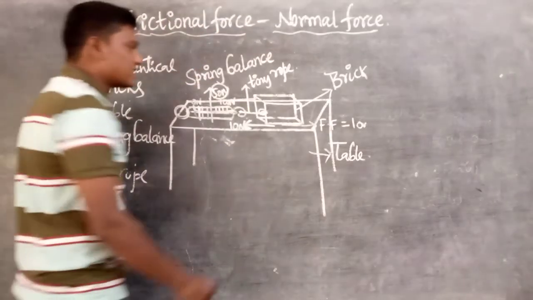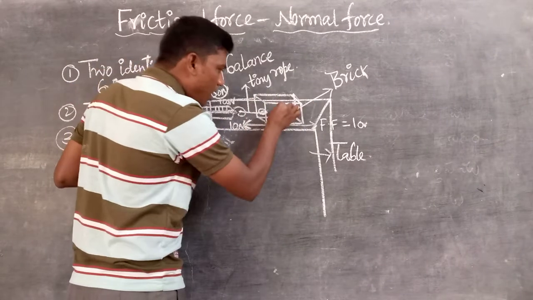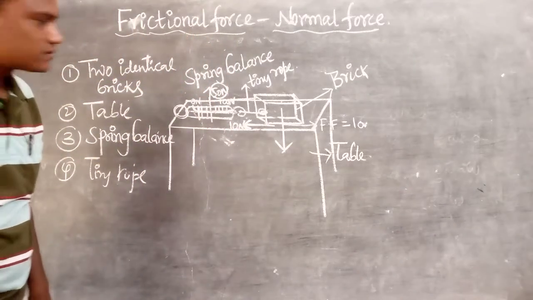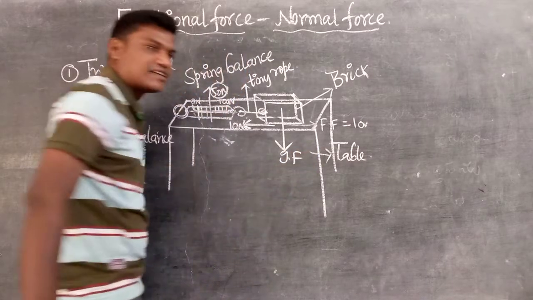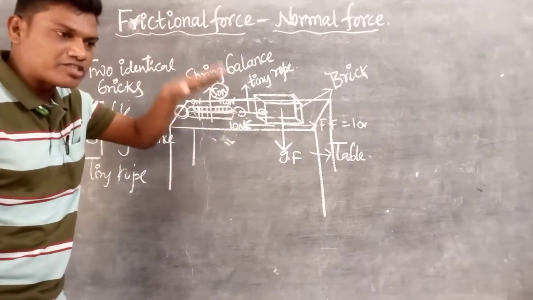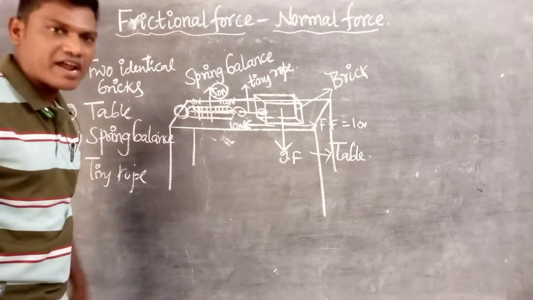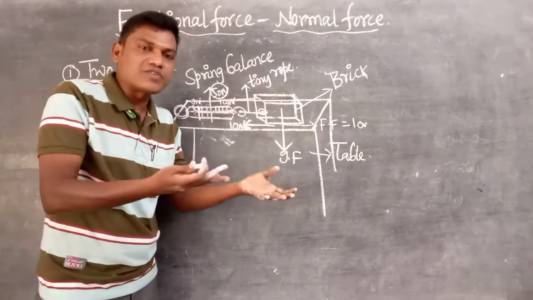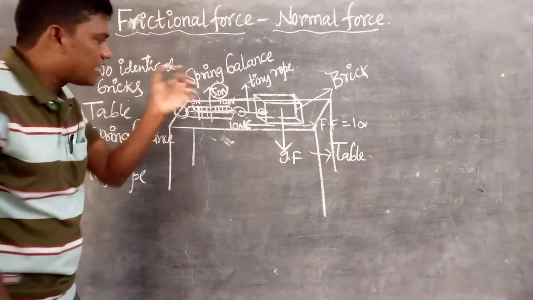That's why we can say that here the brick is placed on the surface of the table. On the brick, what will be acting? You know that. Gravitational force is acting vertically downward. When a body is placed on the surface of the table, or on the surface of the earth, like a person standing on the earth, every body on the surface of the earth is attracted by the earth's gravity vertically downward.